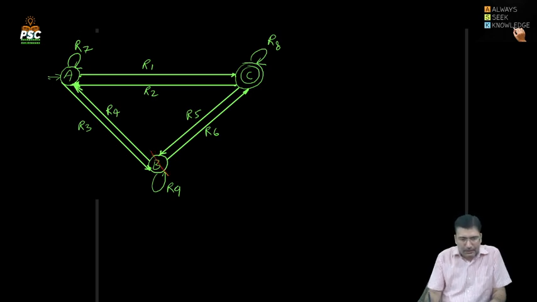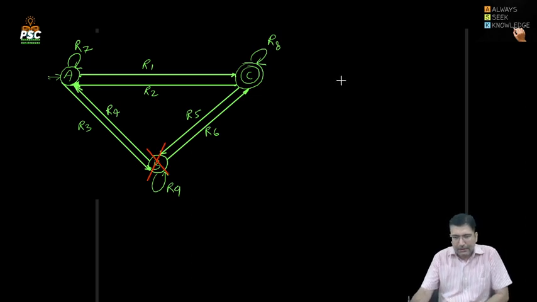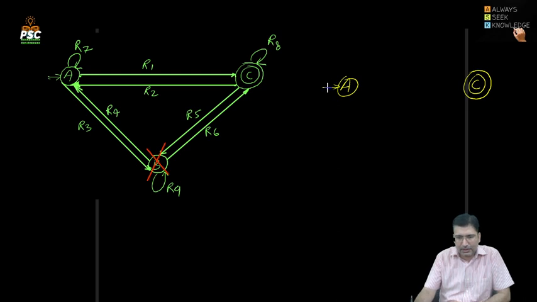So we are intending to eliminate B. If we are eliminating B, then what will happen? How can we eliminate in this situation? Let's consider that we have this is A and this is C. If C was the final, it is still final. A was the initial, it is still initial, no problem.